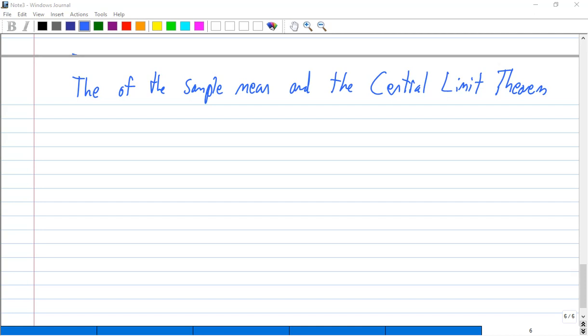So the sample mean is what's called an unbiased estimator.